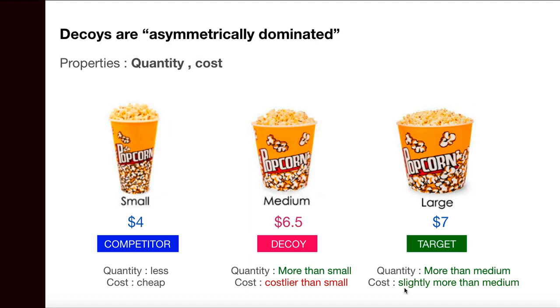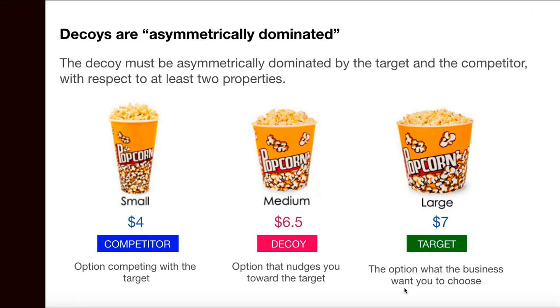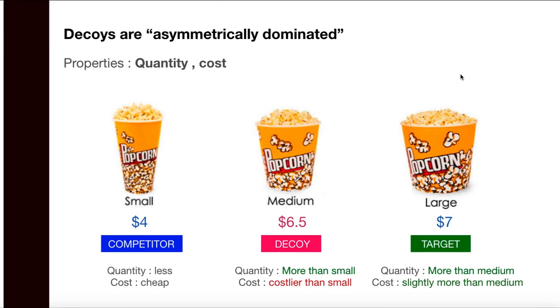So obviously they are going to go towards the target, which is a large popcorn. And that's what is asymmetrically dominated. So it deals with factors, and with that, the decoy must asymmetrically be dominated by the target and the competitor with respect to at least two properties. So that's what we have seen.